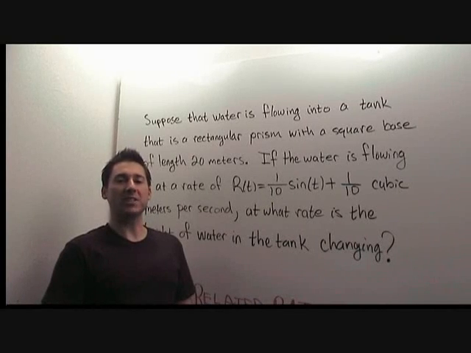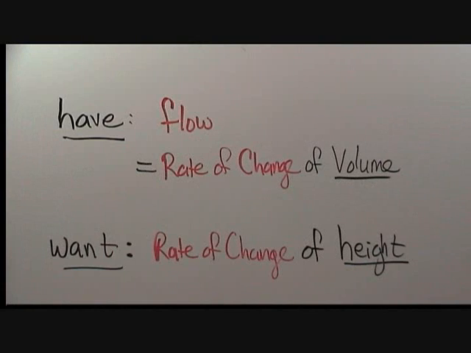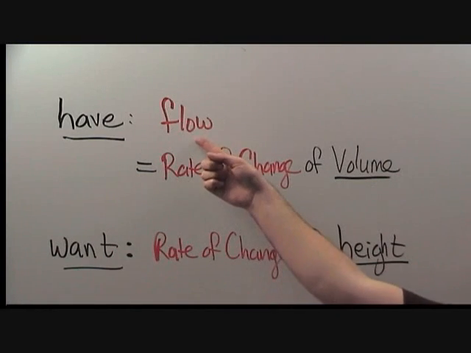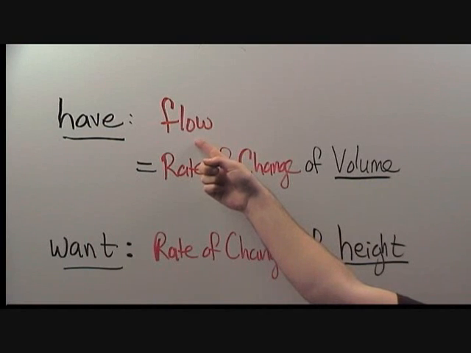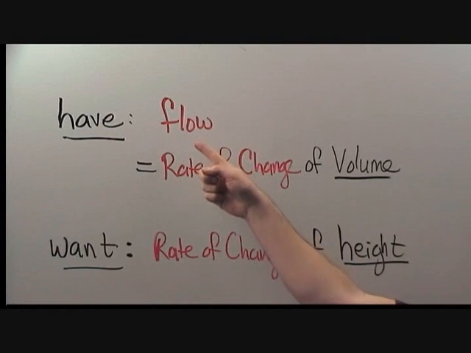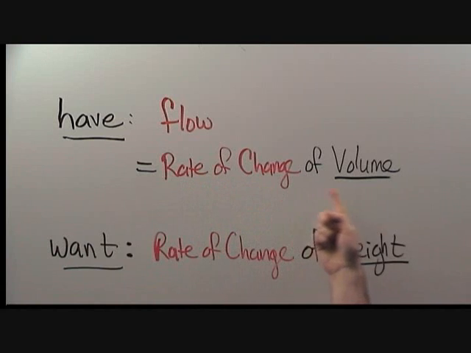However, if we proceed slowly and carefully and write down what we have and what we need, it will become a lot simpler. From the statement of the problem, what we have is the flow. This exactly says that we know the rate of change of volume.